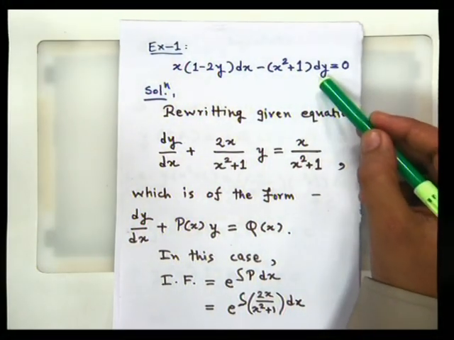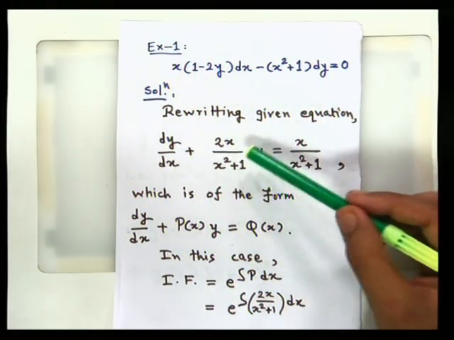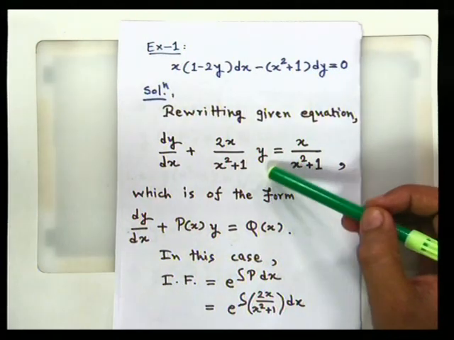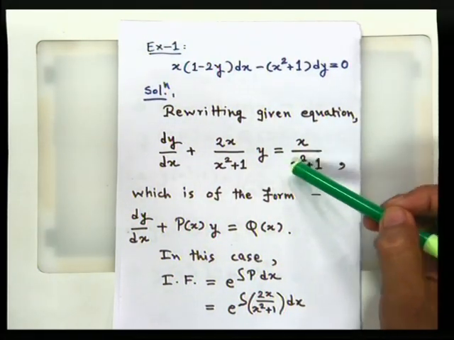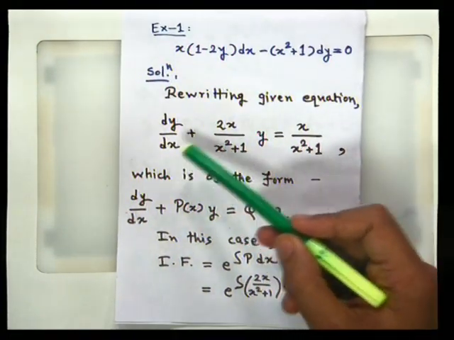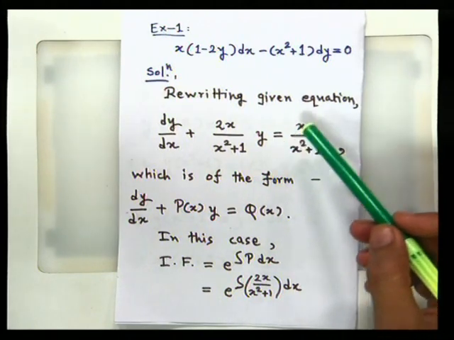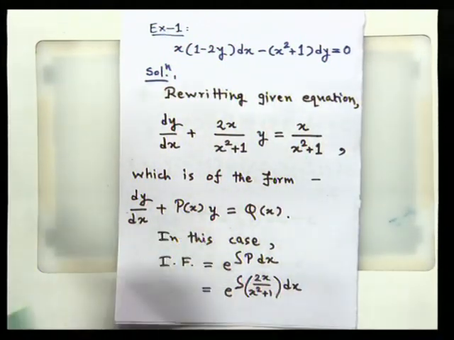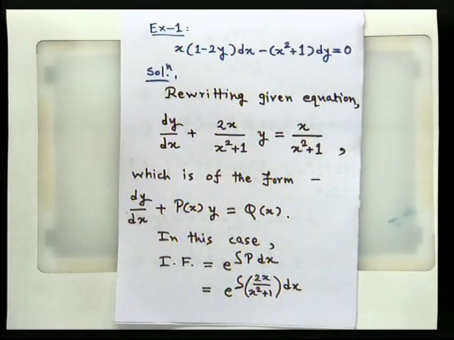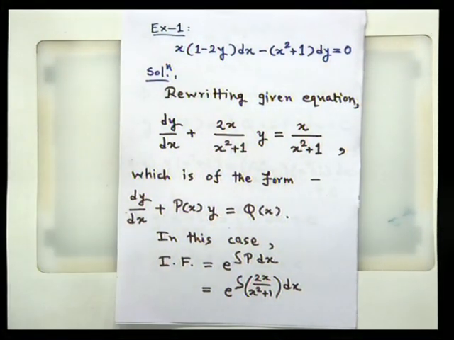But we rewrite this differential equation and we get dy by dx plus 2x upon x square plus 1 into y equal to x by x square plus 1. So it is of the form dy by dx plus a function of x into y is equal to a function of x, that is dy by dx plus py is equal to q, where p and q are functions of the independent variable x only.